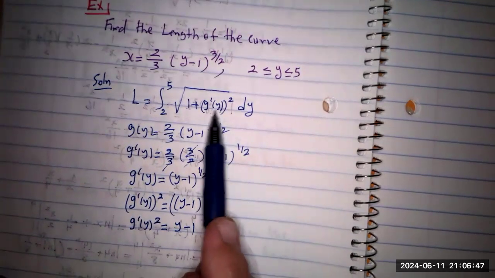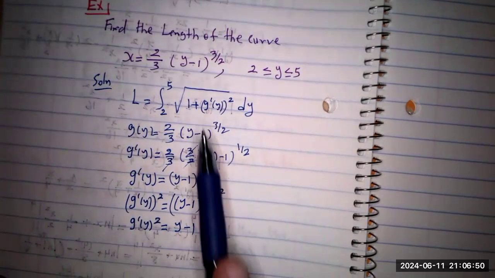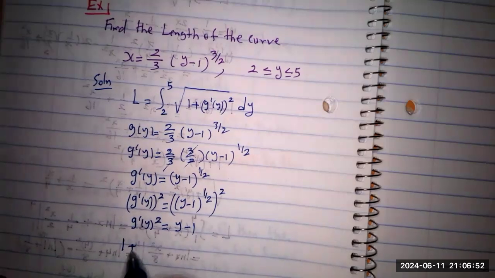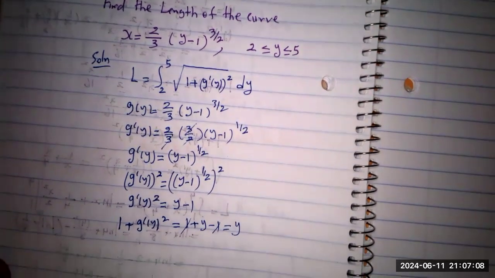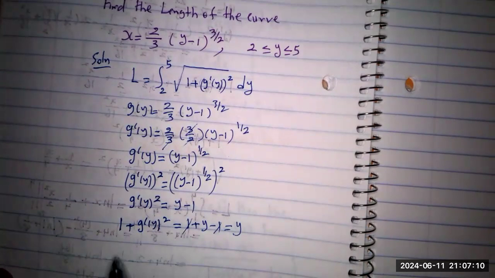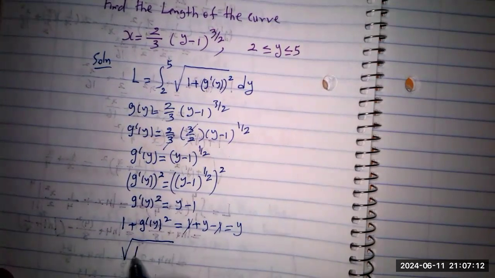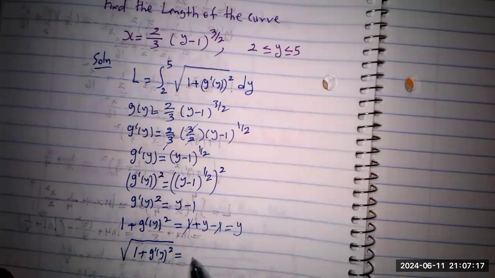Add 1, so it's going to be 1 plus g prime of y squared, which is 1 plus y minus 1. These two cancel out, that gives you y. You see, easy one. So we take the square root, that gives you the square root of 1 plus g prime of y squared, and this is simply radical y.